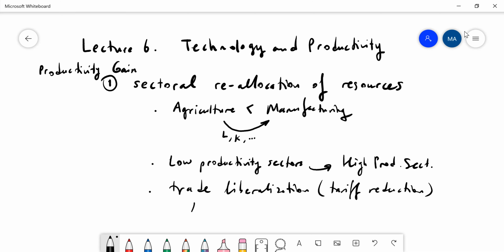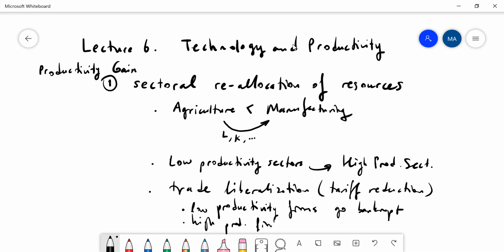Some low productivity firms go bankrupt, right? And then there could be some productivity gain associated with this because now only the high productivity firms survive.